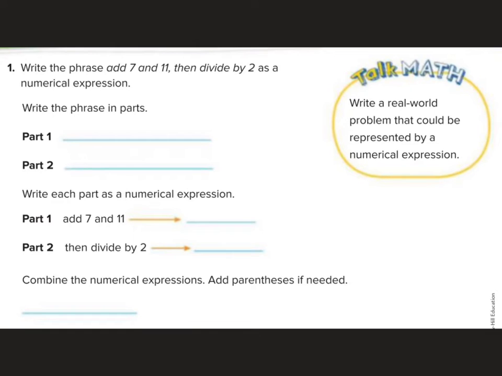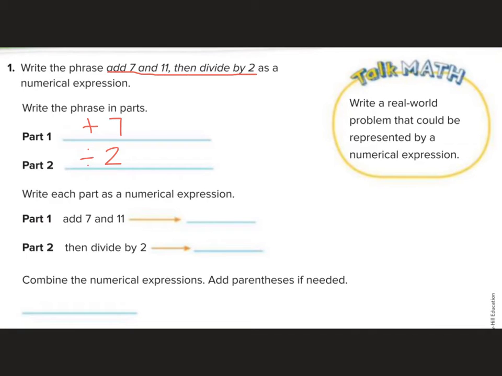Write the phrase, add 7 and 11, then divide by 2 as a numerical expression. So my parts are add 7 and 11, and I'm going to divide by 2. Those are kind of like my 2 separate things, my 2 operations.